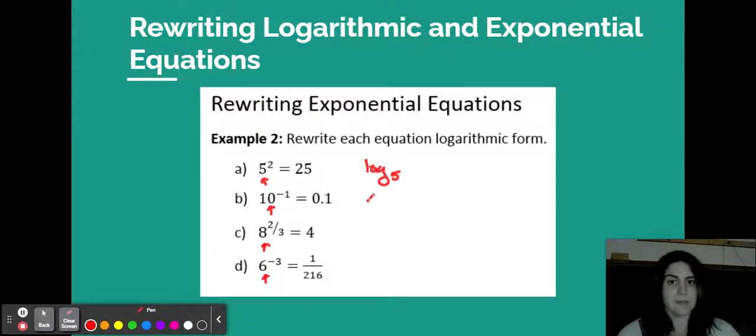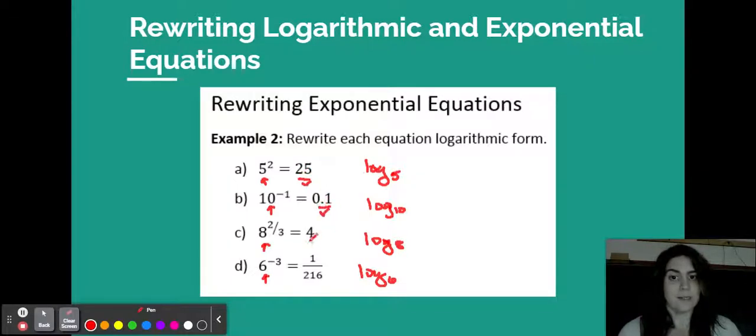So this is log base 5, log base 10, log base 8, and log base 6. The argument of your log, or the value of it that you're taking, is what your exponent equals. So log base 5 of the argument 25 equals 2. It's always going to equal your exponent.